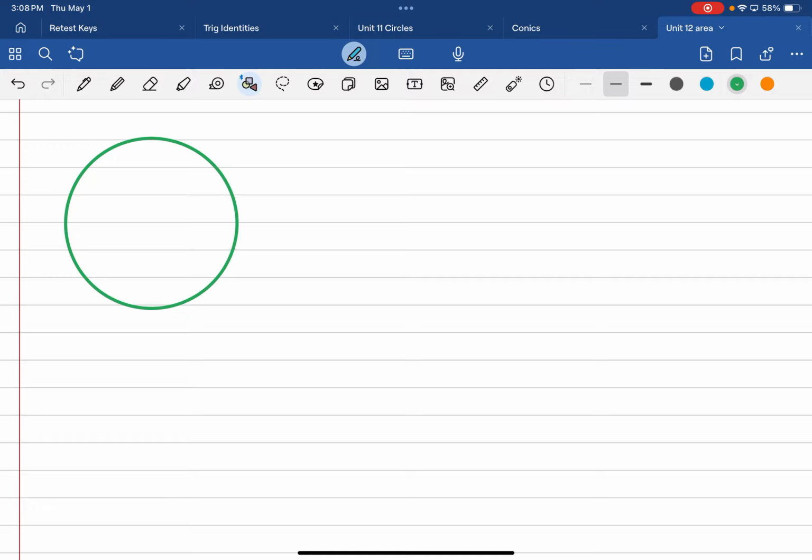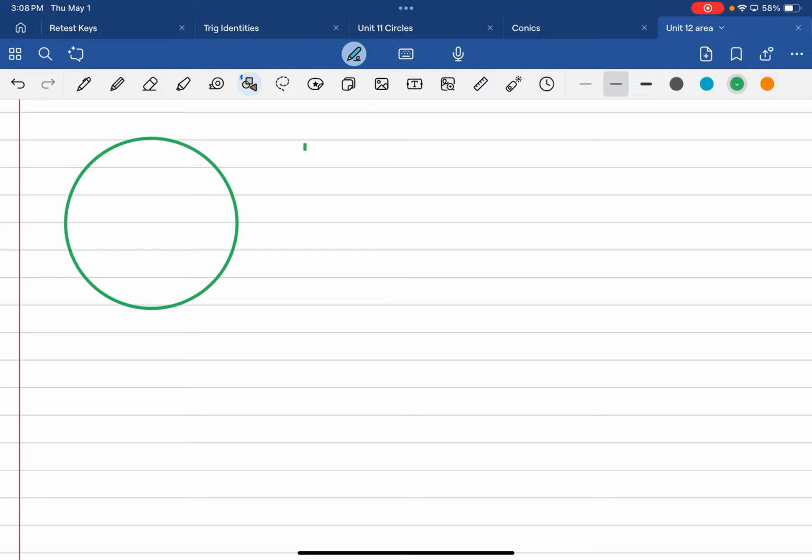It's the length around. Think about area of a square versus the perimeter. The perimeter is, if I were to build a fence around this square, how much fencing would I need? But area is how much grass does this cover? So area versus perimeter. A lot of people are trying to use circumference today as they're working out these problems. It's not circumference. When we are working these out, we need to be using area.